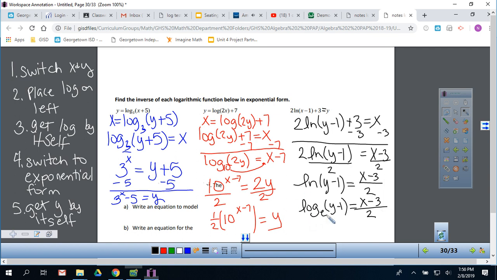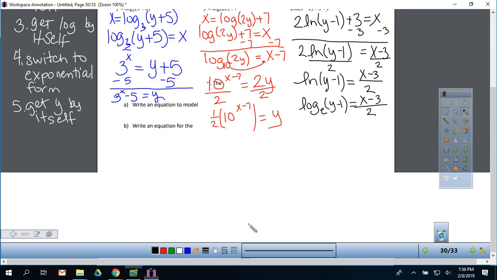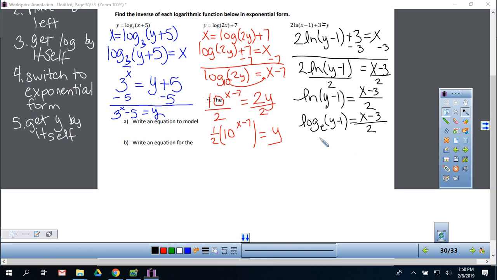Alright, so now can we switch this to exponential form? Yes. So switching this to exponential form, we're going to have e to the (x minus 3) over 2 equals y minus 1. So you still swap the variables and then solve for it? Yeah.